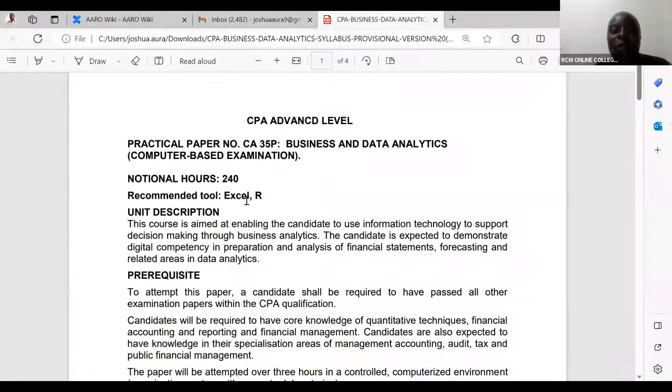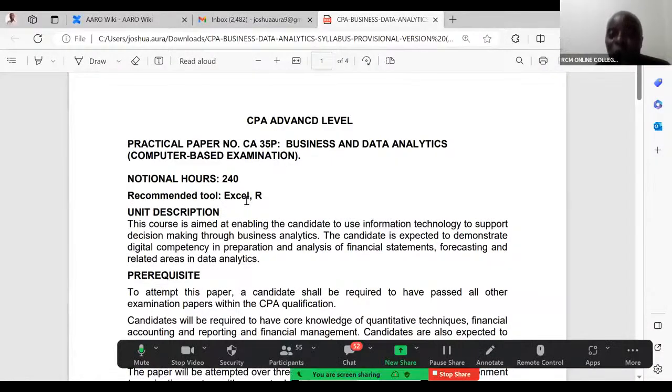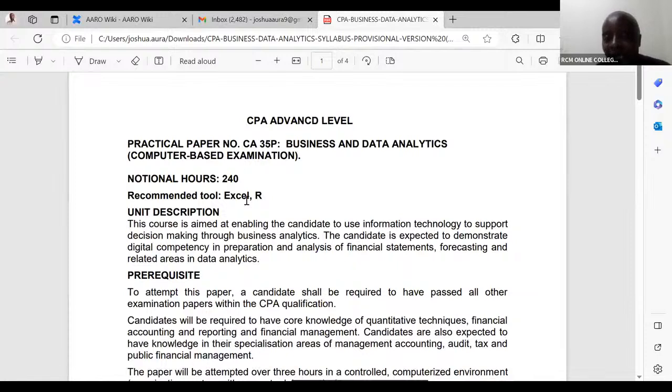Now, allow me then to introduce the subject, ladies and gentlemen. So, recommended tools. What are we supposed to be knowing as we start this? We shall be using Excel. How I wish they would also need students to be good in R. R is an important software, but for the sake of BDA, we shall only be relying on Excel.